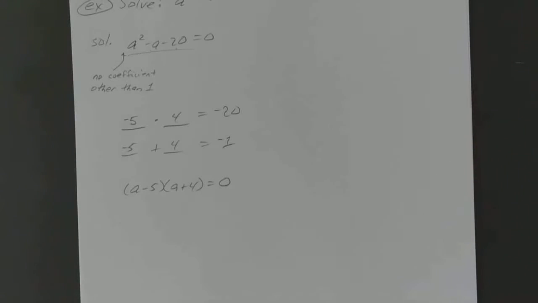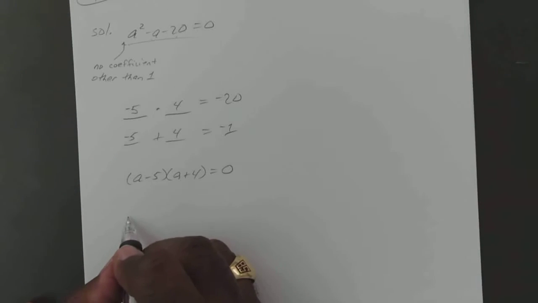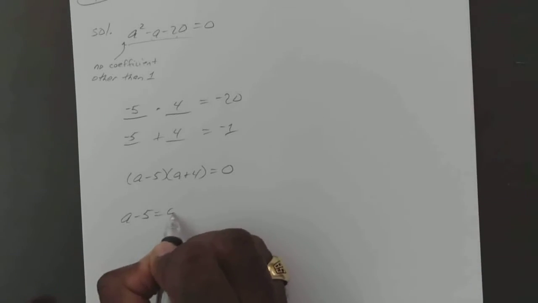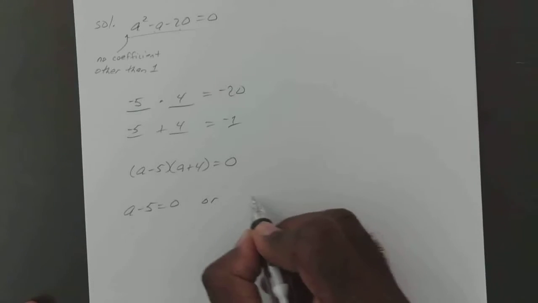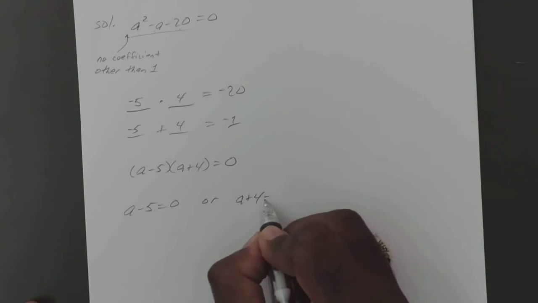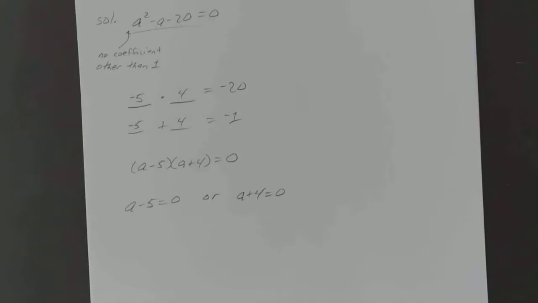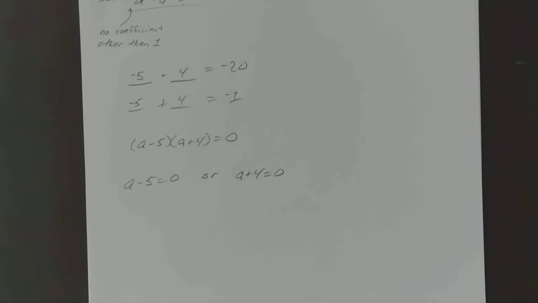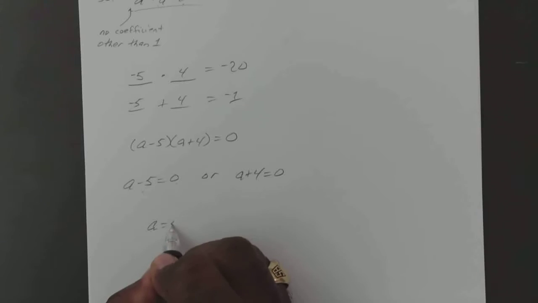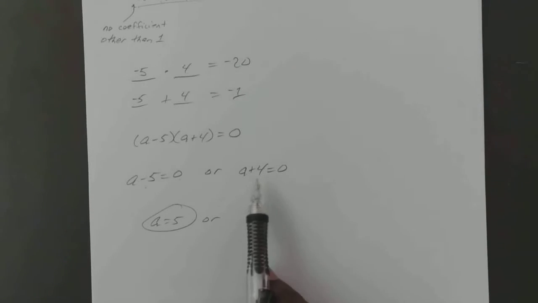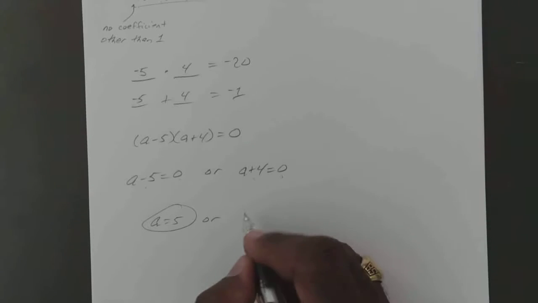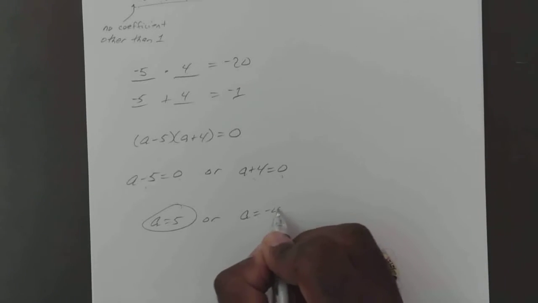Okay. So now we have it factored out. We just do what we did before and set both to 0. So that means a minus 5 can equal 0, or a plus 4 can equal 0. So if we add 5 to both sides, you know that a can equal 5. Or if we subtract 4 from both sides here, a is equal to -4.